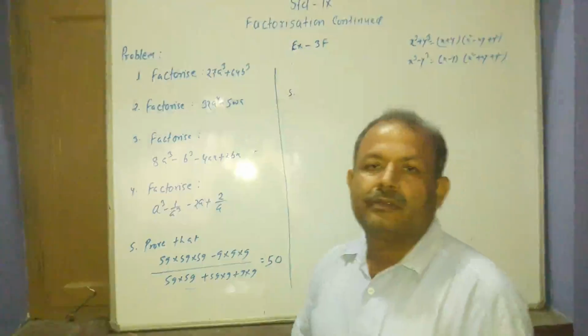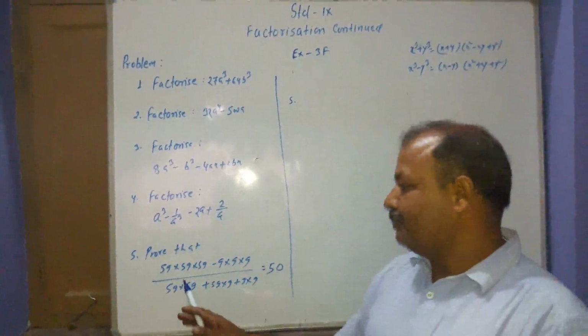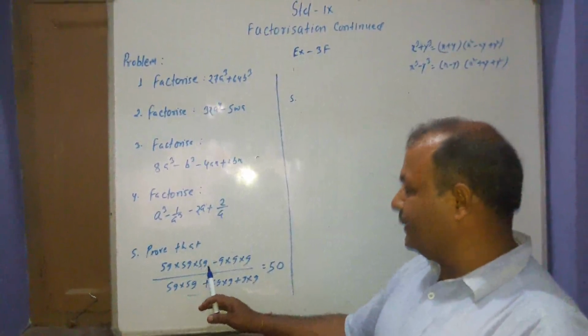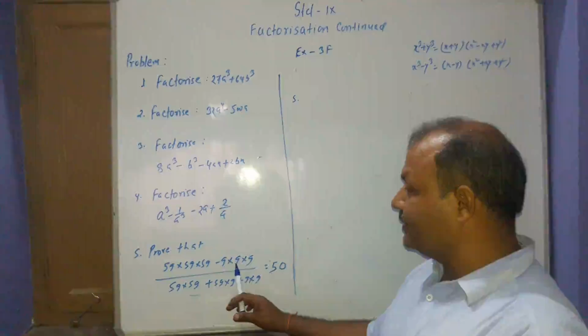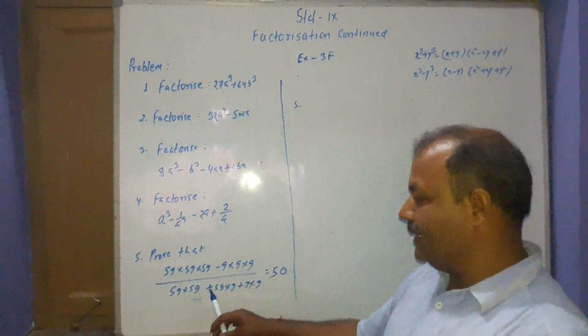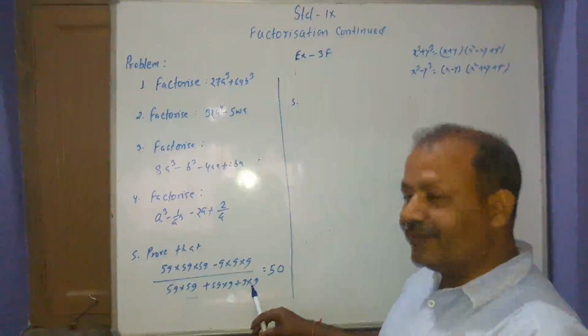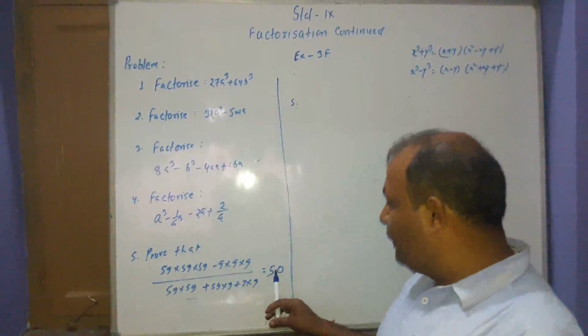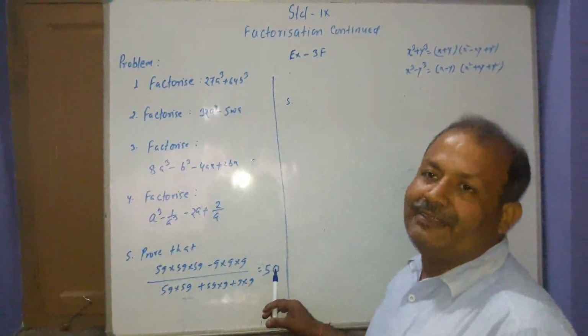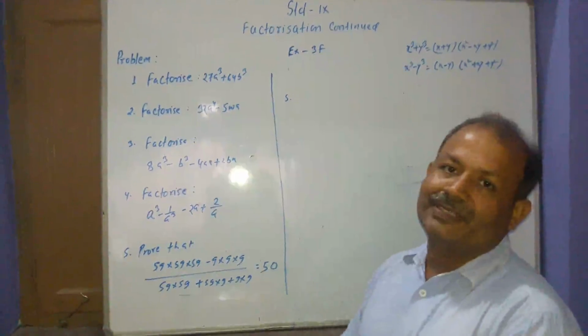Okay? In the fifth problem, we have to prove that 59 into 59 into 59 minus 9 into 9 into 9, divided by 59 into 59 plus 59 into 9 plus 9 into 9, will be given by 50. That is, the result of this expression will be 50.